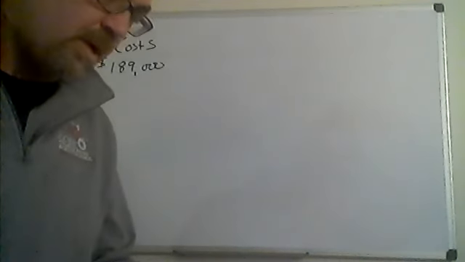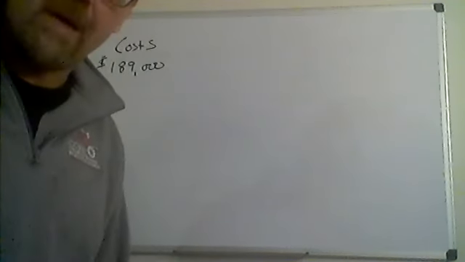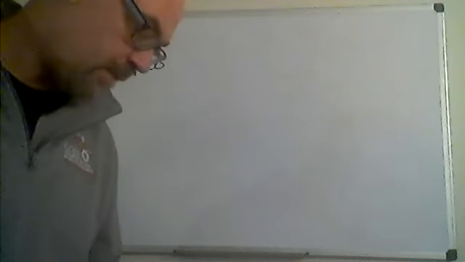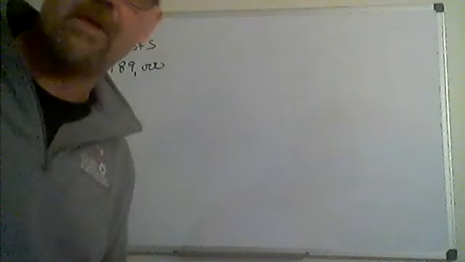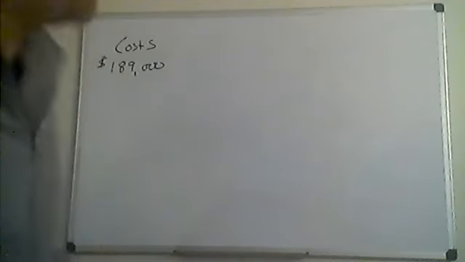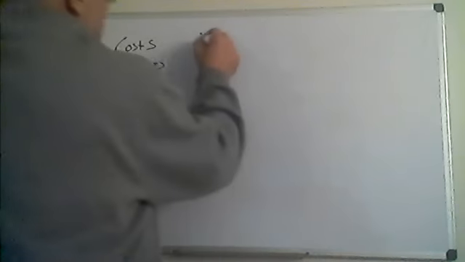So remember when we're doing the physical quantities method, that's what it's asking for in part A here. What was the total cost of product Ka using the physical quantities? We are going to ignore the sales value, and we're just going to look at the quantities.